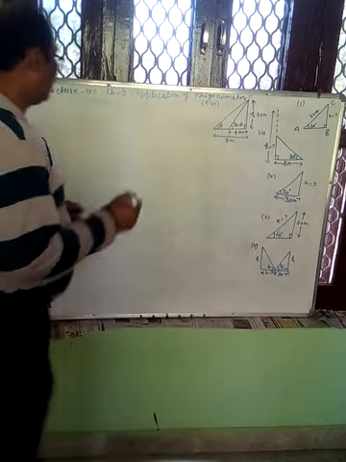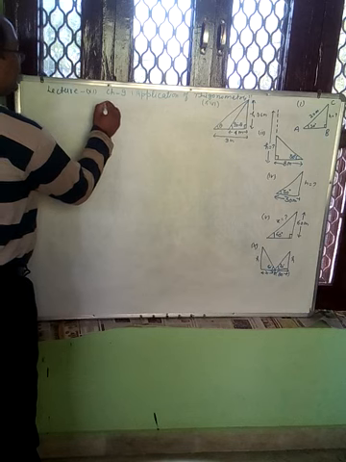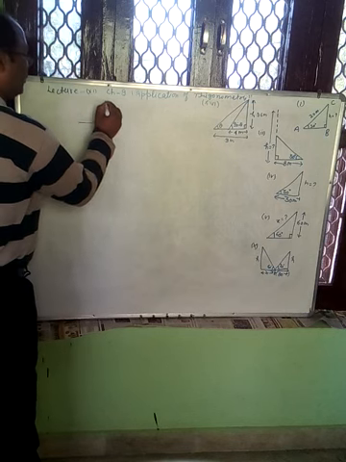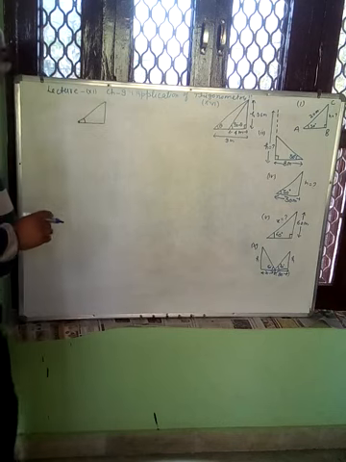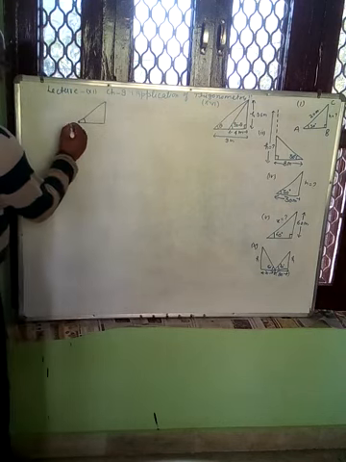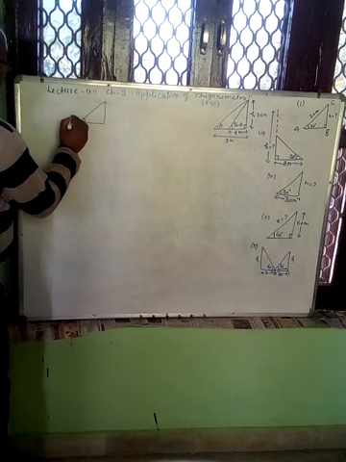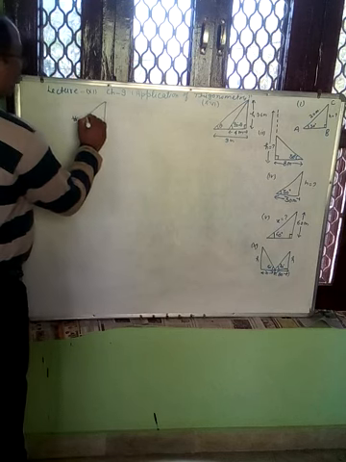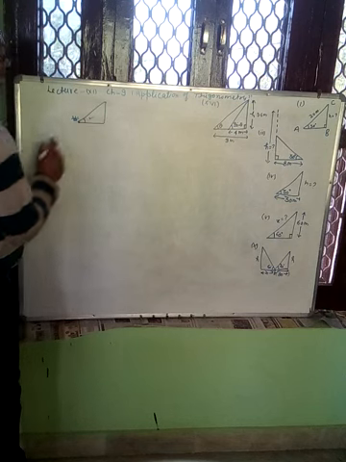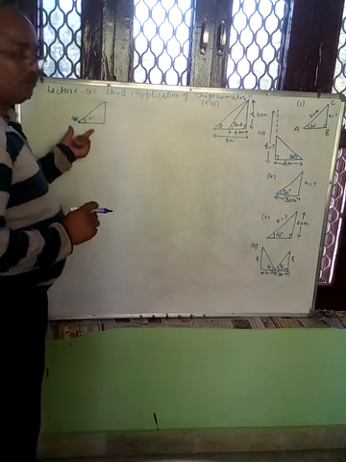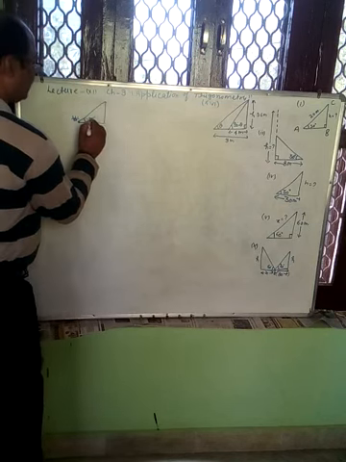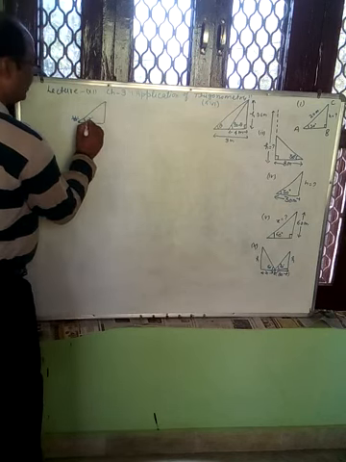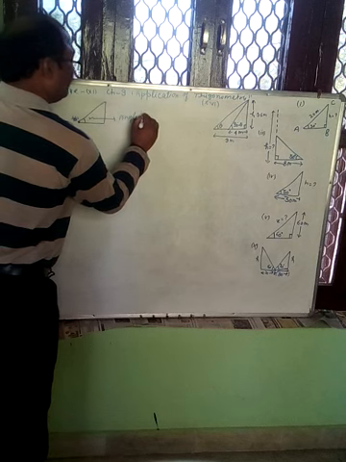If we see, for example, this point is here and we are observing from this point, then this angle is known as the angle of elevation from the bottom, if the object is here.